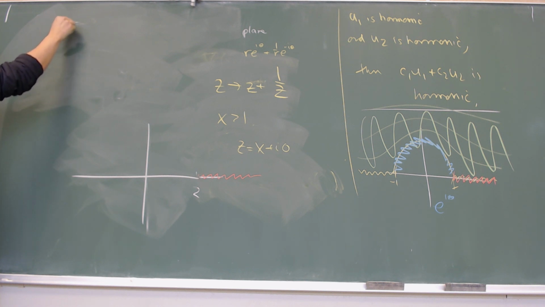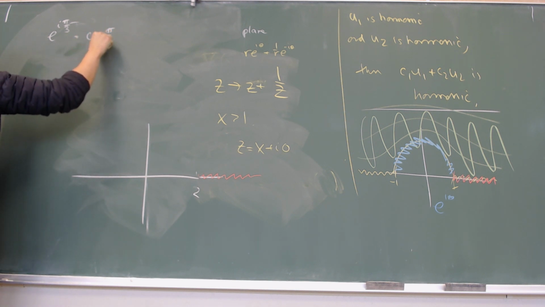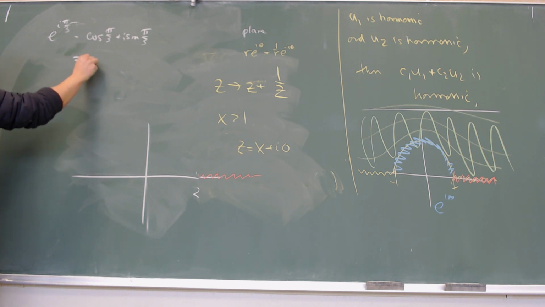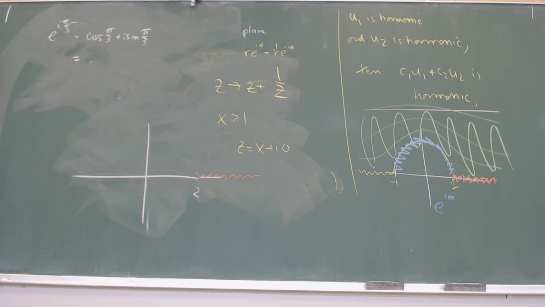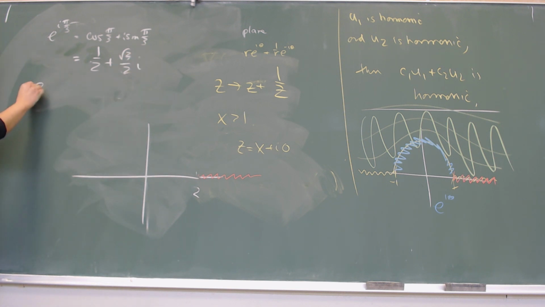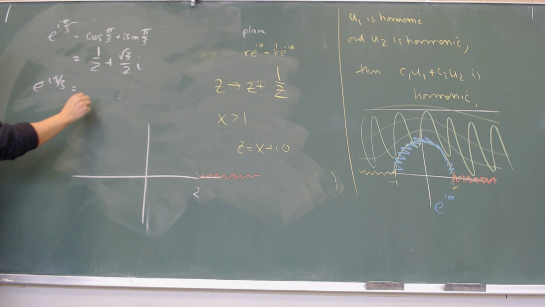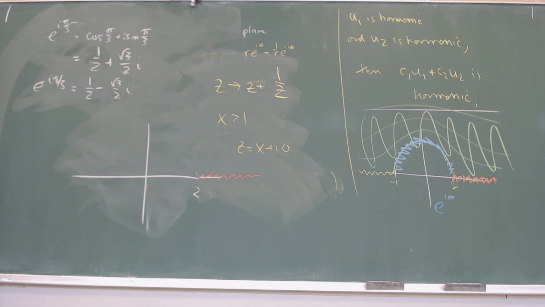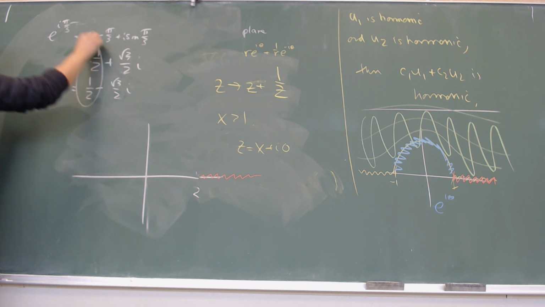So e to the i pi over 3, which is cosine of pi over 3 plus i times the sine of pi over 3, which is 1/2 plus root 3 over 2 i, and e to the minus i pi over 3 is 1/2 minus root 3 over 2 i, and if you add those together, you get 1, right? Because the imaginary parts cancel, you're doubling the real parts.